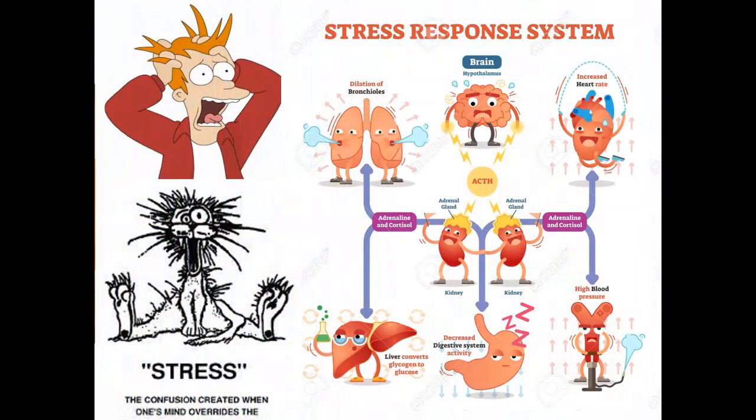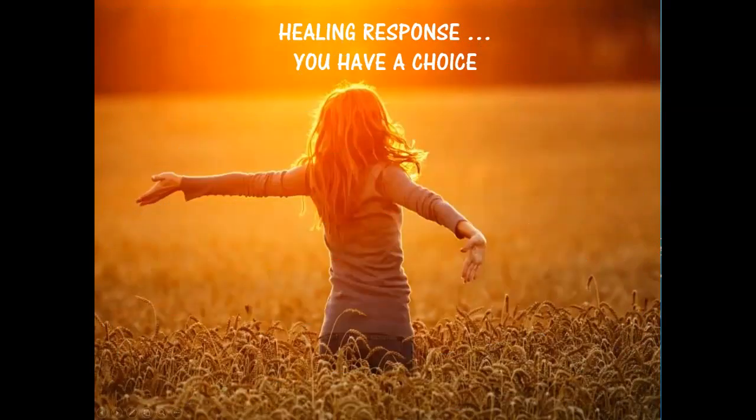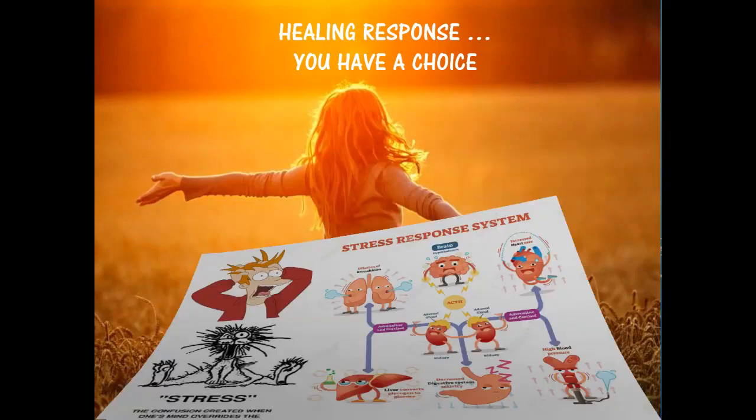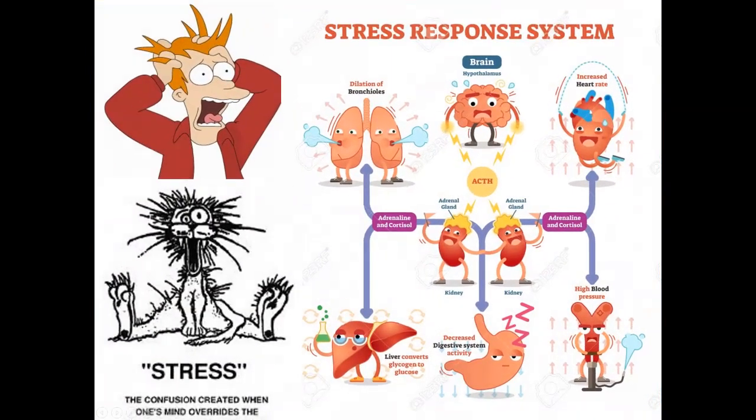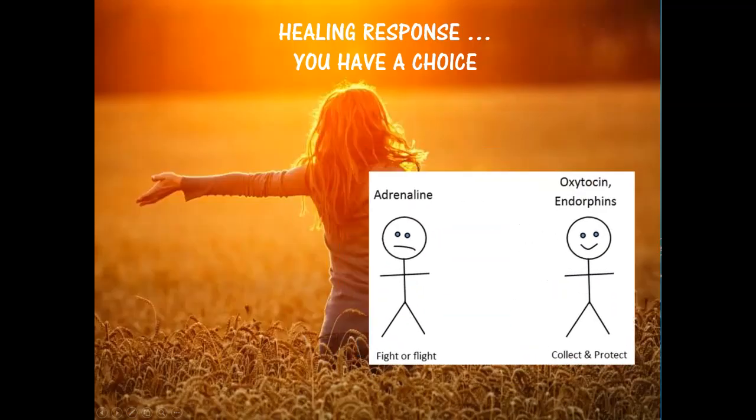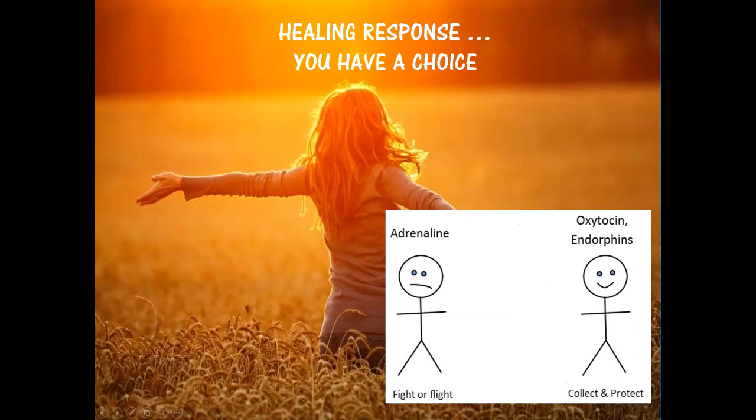We are the only species that has that choice. We can actually create stress that is not there. What has been going on is an example: fear. We've had a fear mentality, and what we need is the healing response.